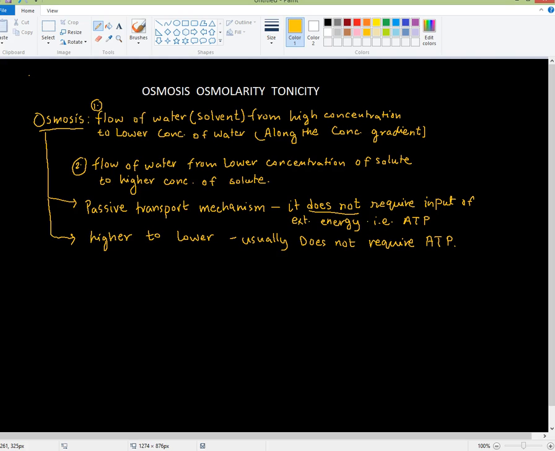So I prefer definition number one, flow of water from higher concentration to lower concentration of water. So the water is flowing from higher to lower concentration. I think it's pretty easy to remember that.